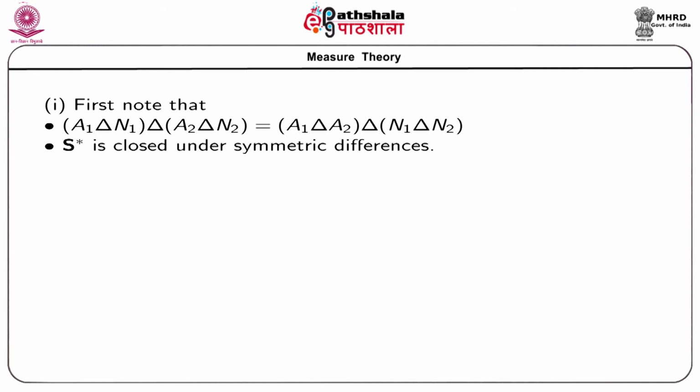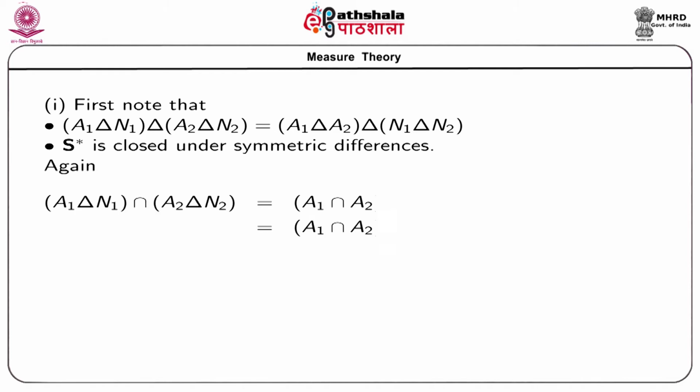Note that since A1 and A2 belong to S, A1 delta A2 belongs to S, and N1 and N2 are both subsets of a set with measure 0. So, N1 delta N2 also is a subset of a set with measure 0. This shows that S star is closed under symmetric difference.